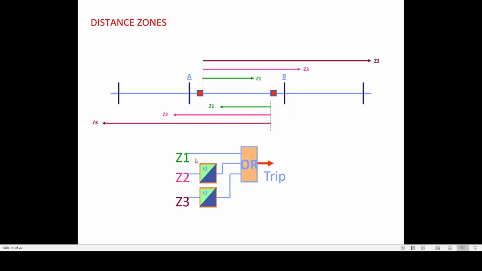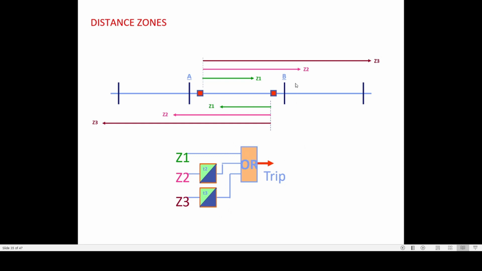Now, this is a simple logic which says that if a fault is in zone 1, then the relay must operate instantaneously and it will issue the trip command. But if the fault is in zone 2 or zone 3, then it will operate after some time delay, T2 and T3. What is this time delay T2?